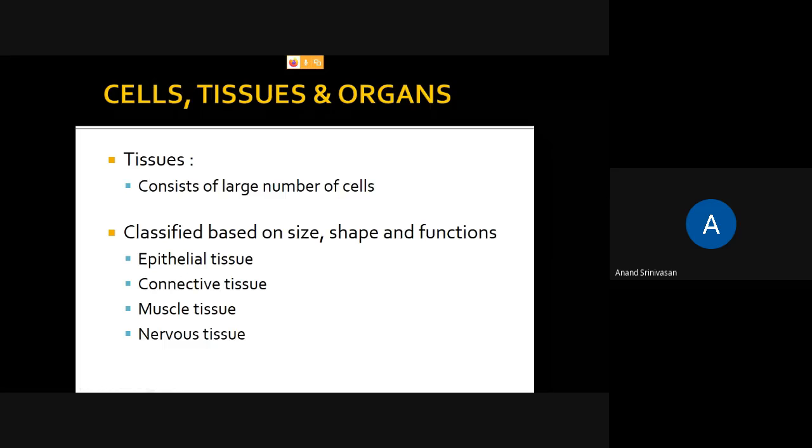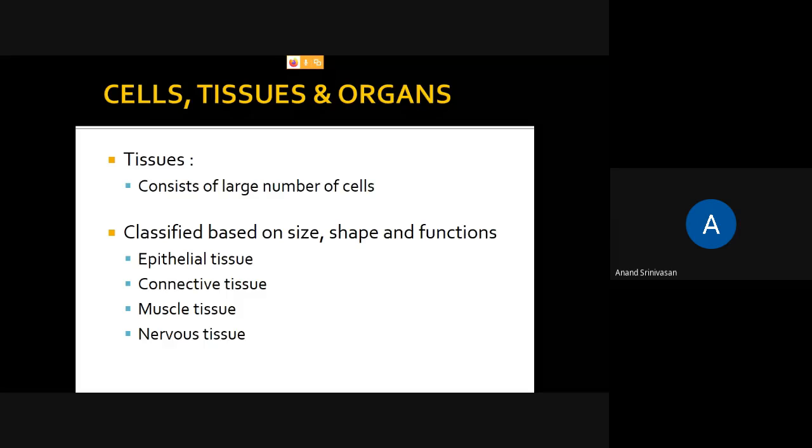There are different types of tissues like epithelial tissue, connective tissue, muscular tissue, and nervous tissue. We will be seeing these four tissues in today's session: epithelial, connective, muscle, and nervous.